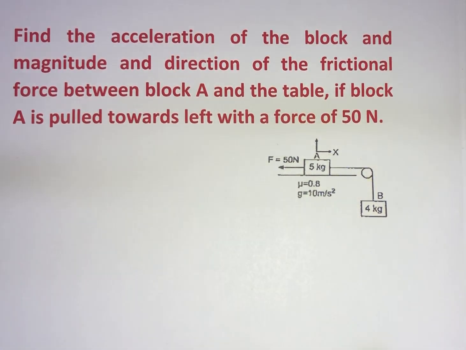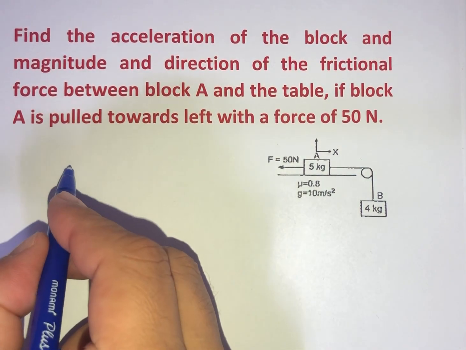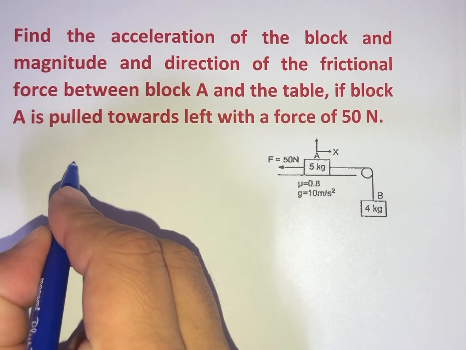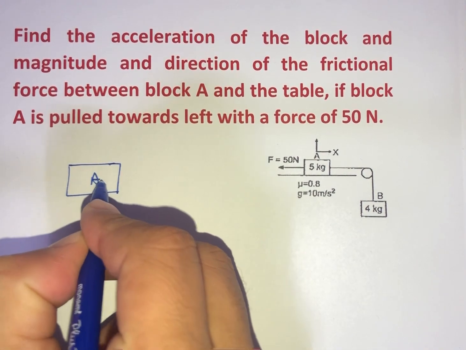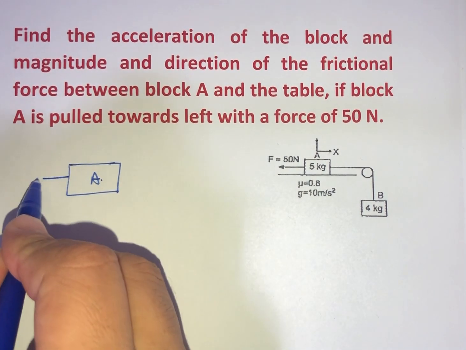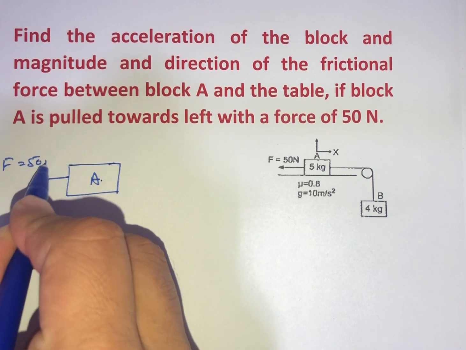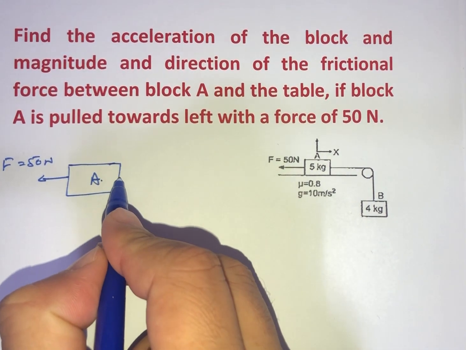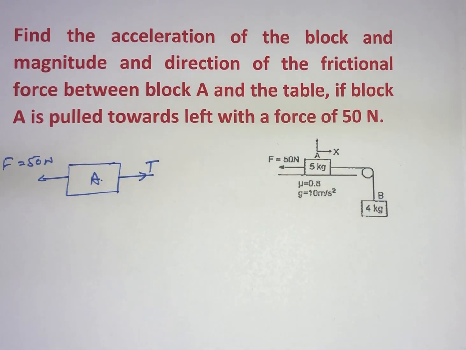let's draw this diagram of 5 kg block A separately. So this is block A. It is being pulled by a force F of 50 Newton and there will be a tension T in the opposite direction.